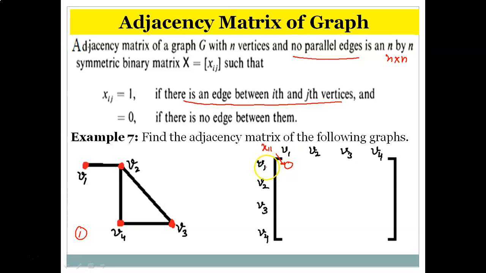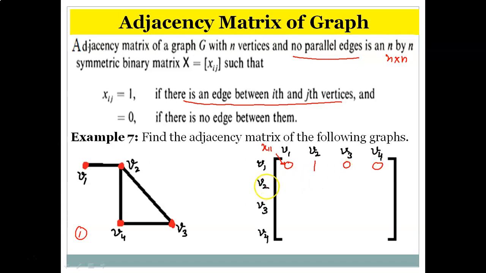Now, is there any edge between V1 and V2? Yes, from V1 to V2 there is an edge, so you write 1 here. V1 to V3, is there a direct edge? No, so this is 0. V1 to V4? No, so the entry will be 0 here.